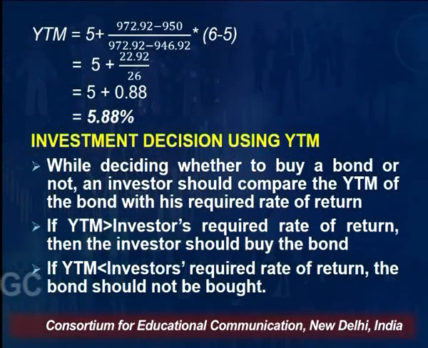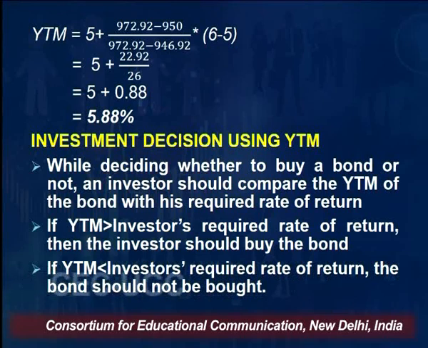Since the YTM is 6%, I'll not be investing in the bond because my required rate of return is 7%. So simply, if your YTM is greater than your required rate of return, then you should invest in that bond. If the YTM is less than your required rate of return, then you should not invest in the bond. Right, friends?